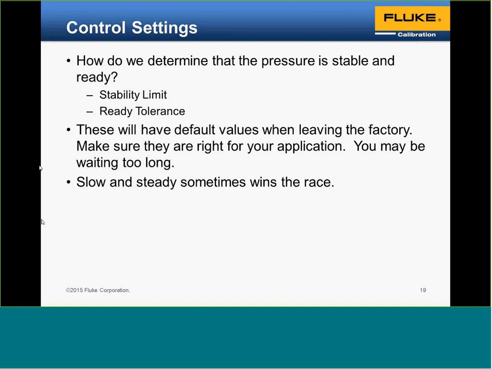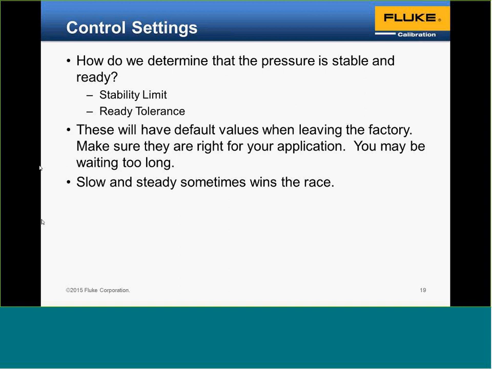Another option you have for changing is how fast it controls pressure. Many people think, okay, I want that as fast as I possibly can so I can get more calibrations done. But what you may find is that slow and steady sometimes wins the race.